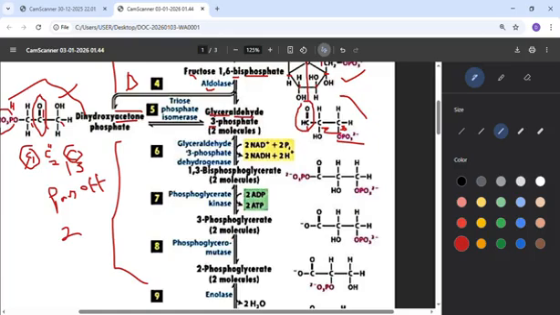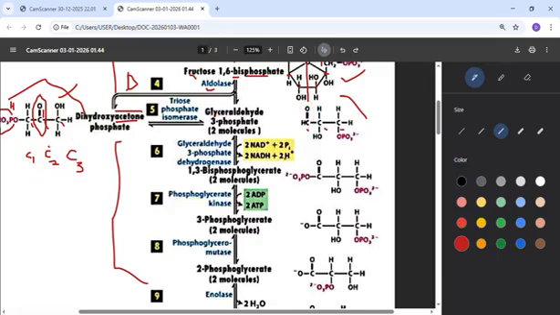In step 6, the enzyme we are using here is called glyceraldehyde 3-phosphate dehydrogenase. What are they adding? Dehydrogenase. Now, what is the work of dehydrogenase? You know, de- means to remove, and hydrogenase means you want to remove hydrogen. So from this structure, this glyceraldehyde 3-phosphate, I'm going to remove hydrogen.